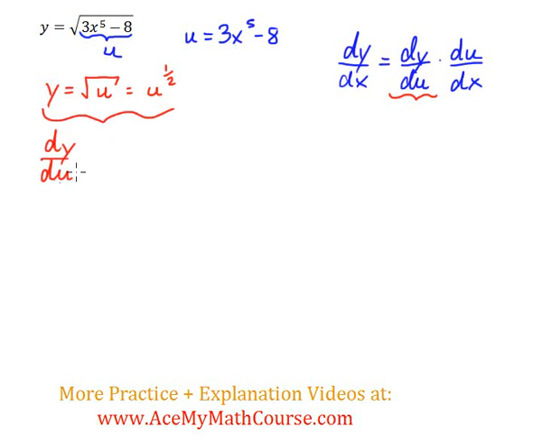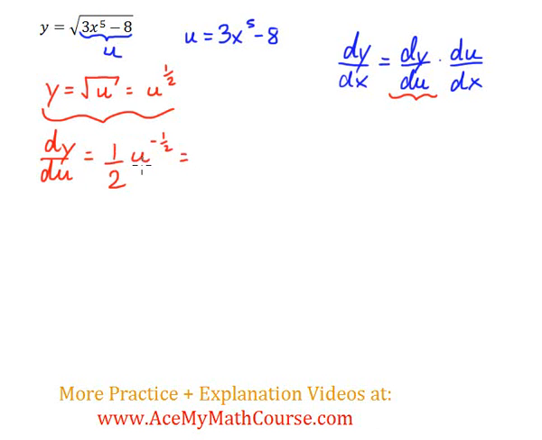So dy over du will be, now I need to bring down the exponent, right? So half times u to the power of, now I need to subtract 1 from the half, and I get negative half. So half times u to the power of negative half is dy du.